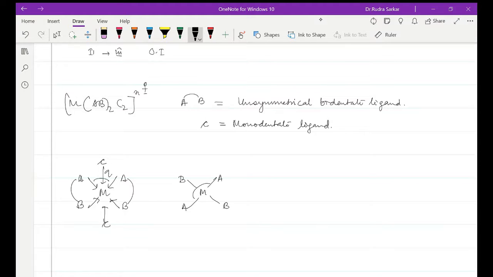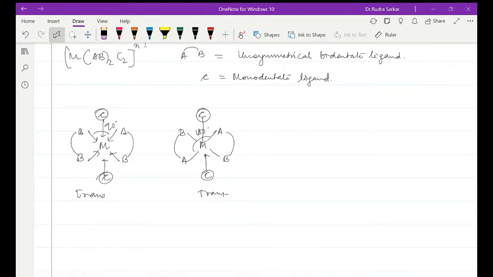Here it was 90 and here it is 180. So that is the difference. And C usually takes up the positions that it has to, again keeping them at 180 to each other. So now we can see for this type of M(AB)2C2 complex, there can be two such trans arrangements possible. Interesting. If you just change from a symmetrical to an unsymmetrical bidentate ligand, two trans are possible.